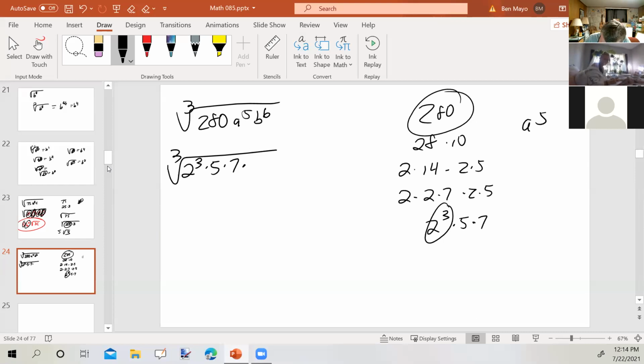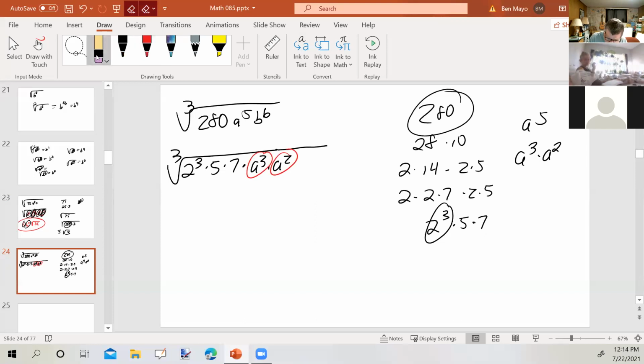Now, a to the 5th power, I'm going to write as a cubed times leftovers: a cubed times a squared. Why am I going to do that? Because a cubed, I can take the cube root and get it outside. A to the 5th power, I can't do that. But if I pull out this much and leave that left over, I can still undo that first a cubed.